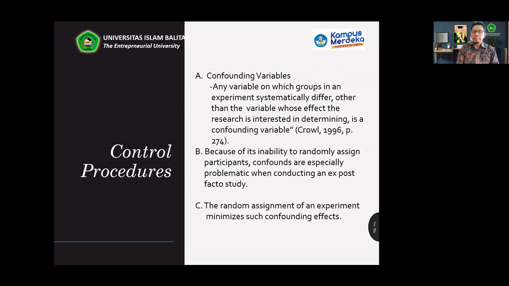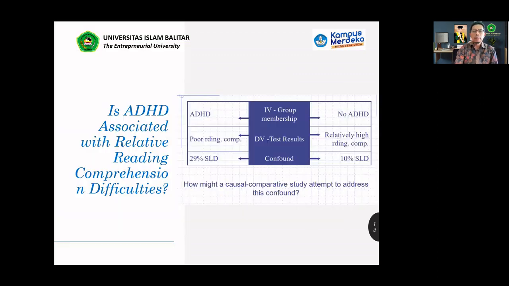So in an experiment, we can do randomized samples from the populations. Here, we do not manipulate the variables in the subjects. Well, this is the model of Brooks' work: is ADHD associated with relative reading comprehension difficulties?